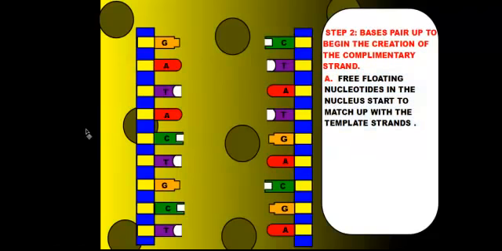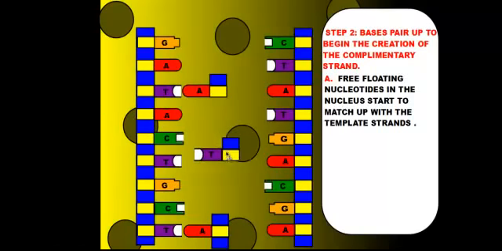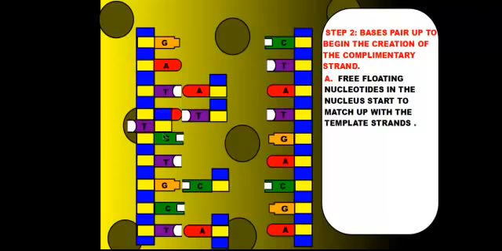So floating around the nucleus, you'll have nucleotides, and they're going to move to where they match up. So remember, your adenines always bind with the thymines, and your guanines always bind with the cytosines. So based on their chemical properties, that's why they bond to one another and they connect to one another.